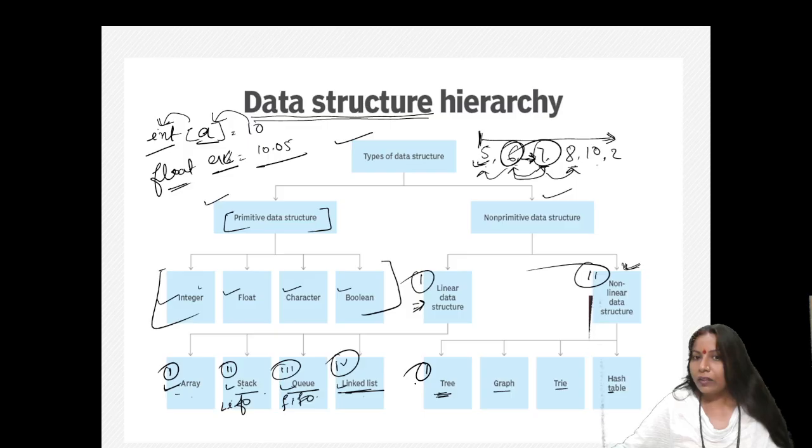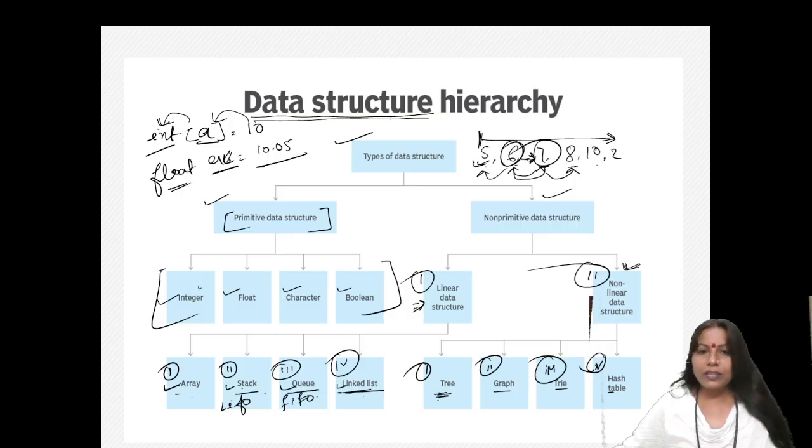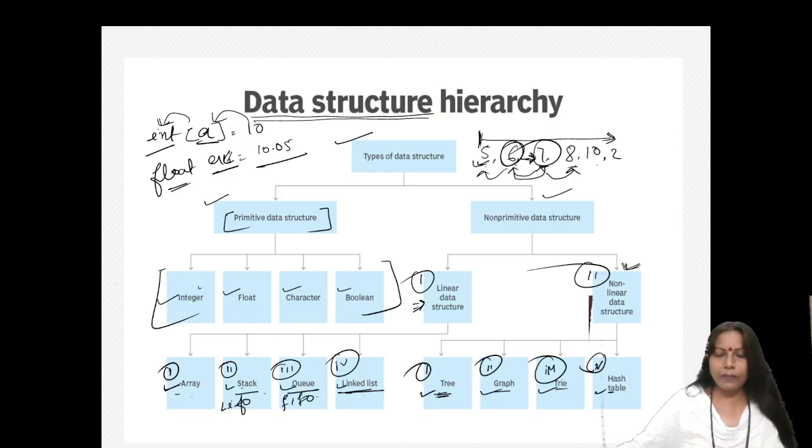Like tree, the first one, is a type of non-linear data structure. The second, graph, is also a type of non-linear data structure. Trie is also a type of non-linear data structure, and hash table is also a type of non-linear data structure. Okay, I will discuss each topic one by one in my next video.